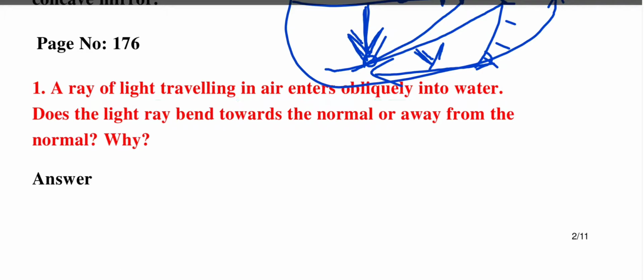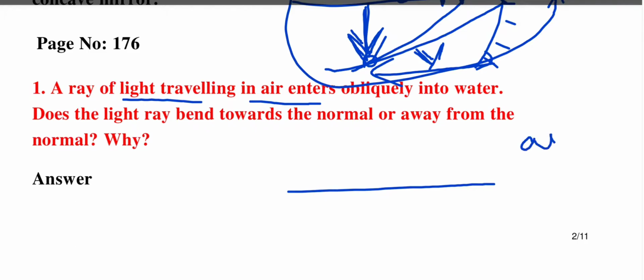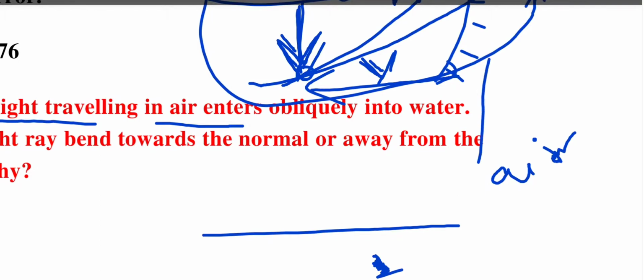Okay, so the question is, a ray of light in air enters obliquely into water. So let me separate. This is the air-water interface. If I consider this as air, the other medium is water.